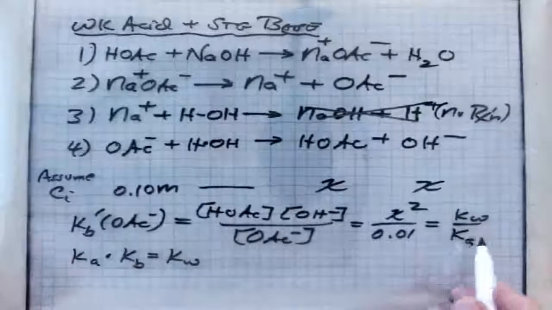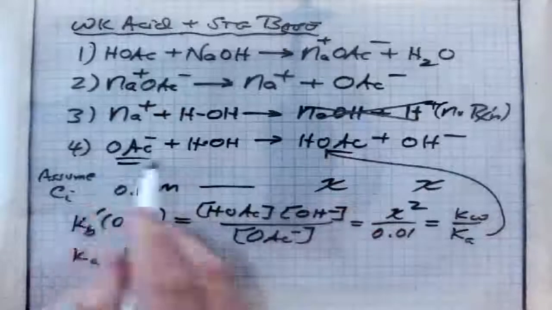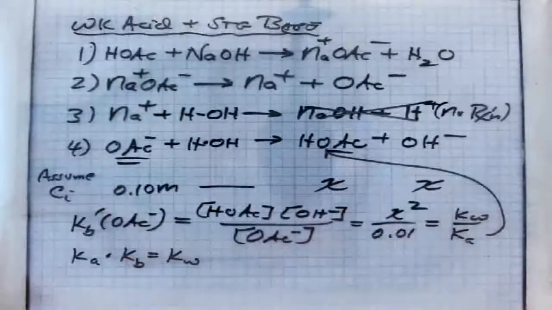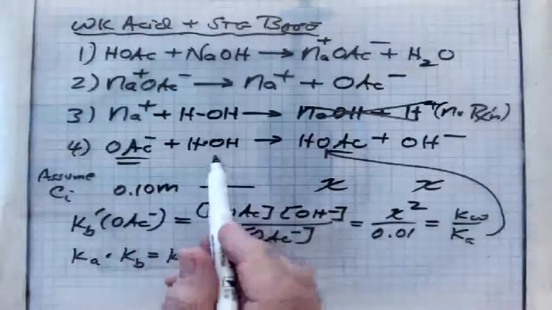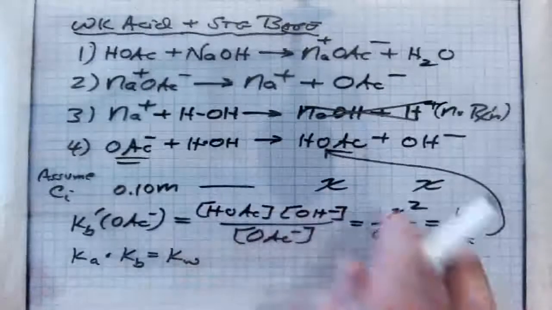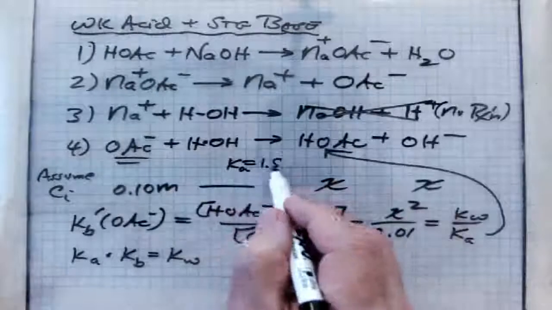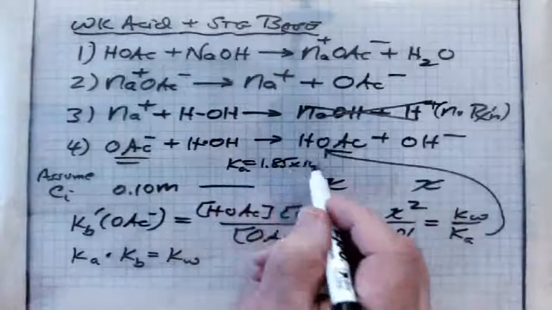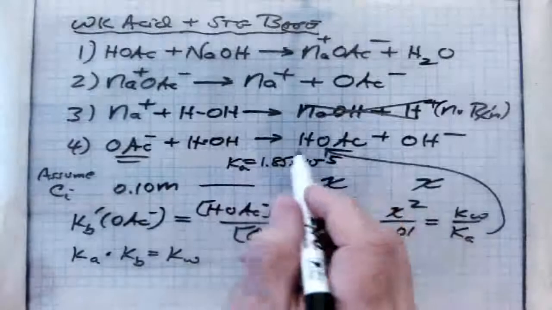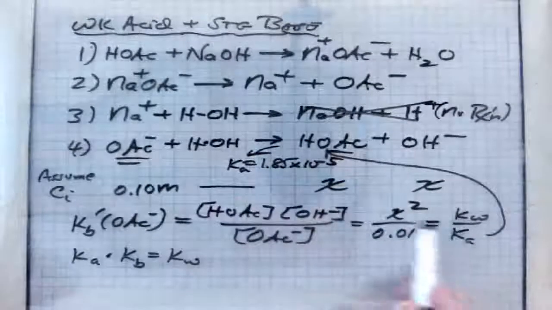And so this will, of course, be the hydroxide ion concentration, and that will give us 7.35 times 10 to the minus 6 molar in the hydroxide ion concentration.